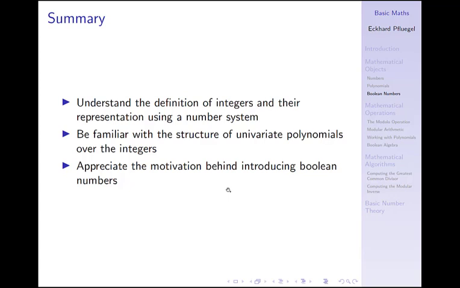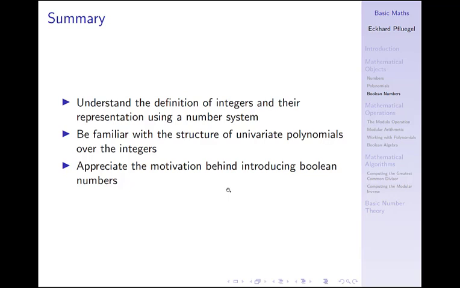So let's just summarize then the content of this section. Hopefully by now you understood the definition of integers based on a specific number system. We've looked at mainly the decimal number system, and then also the binary number system, and there are obviously other number systems around, but those might be the most important ones. And you should be able to convert between those different number systems.